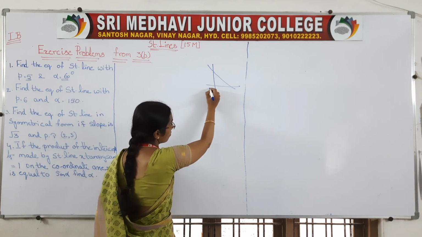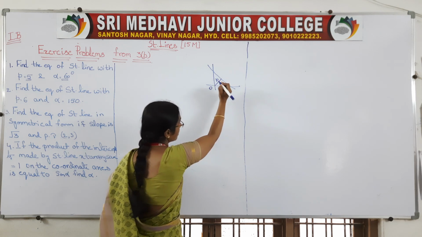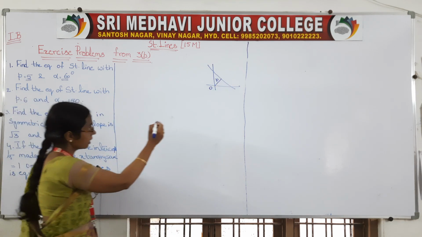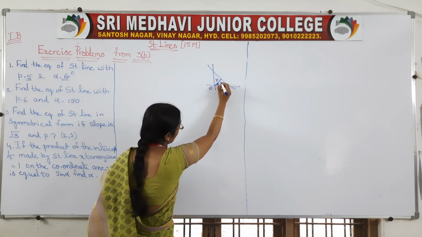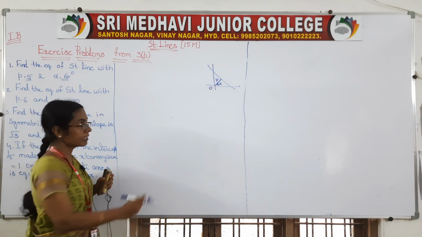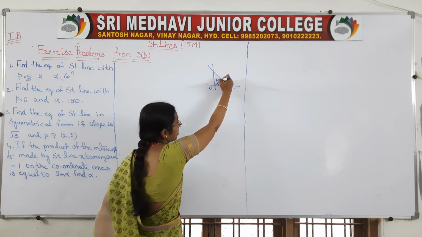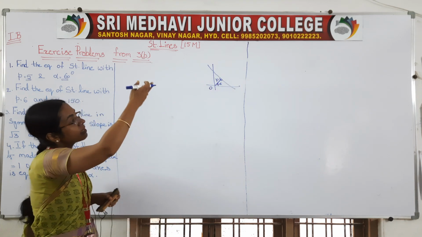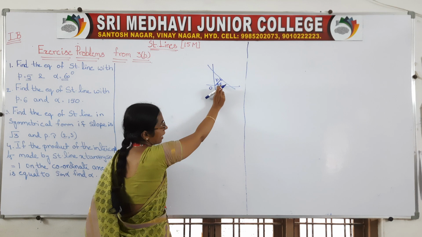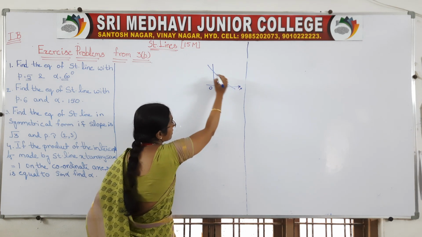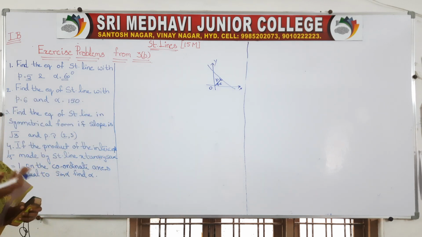In normal form, I said the distance from the origin to that line is P, and the angle made by this normal ray with the x-axis is alpha. Normal means perpendicular line. That line's perpendicular is called the normal ray. That normal ray makes an angle alpha with the x-axis, right? So your line equation must be normal form.